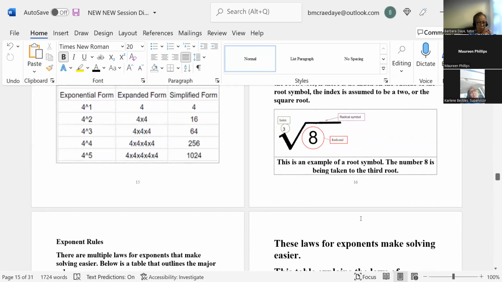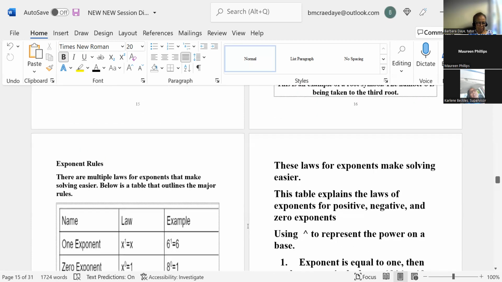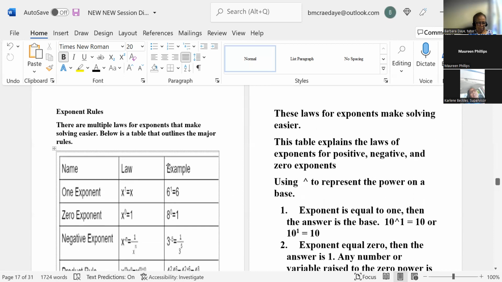Now we're going to look at the most important rules of exponents. I think most of them you're familiar with, we've gone over them, but I want to go over them again. Here's a table. Whenever you raise a variable or a number to the 1 power, you get back just itself.